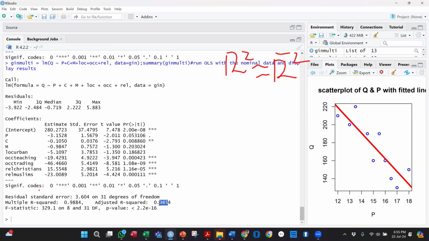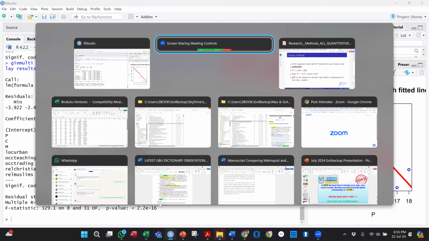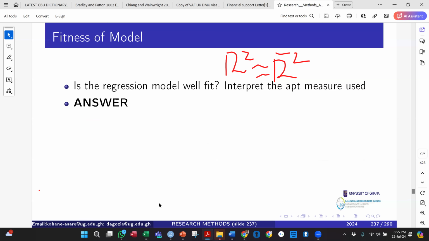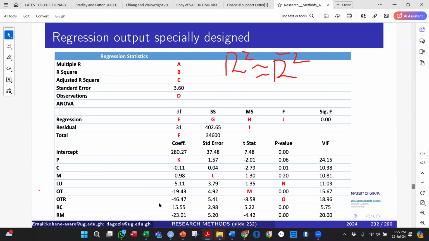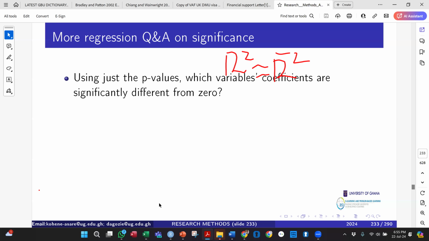Now we go to the next thing. We check the next point, and that next point is about determining the significance of the variables. Here's a question.